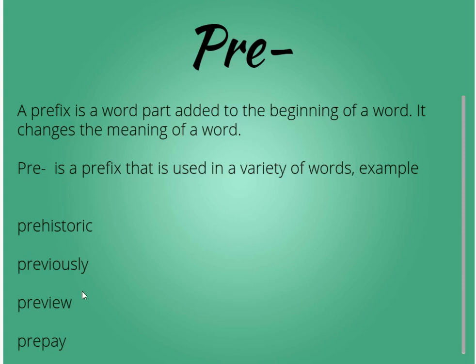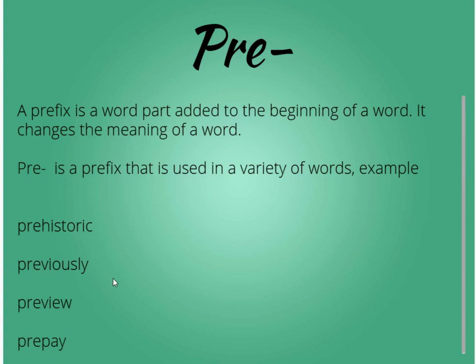We have previously, before. This happened previously, it happened before. We have preview. Before you watch a movie on Netflix, you'll often see the preview. It gives you an idea of what you're about to see. When you preview a book, you're thinking, am I interested in this book? Let me preview. Let me scan through some pages real quick.